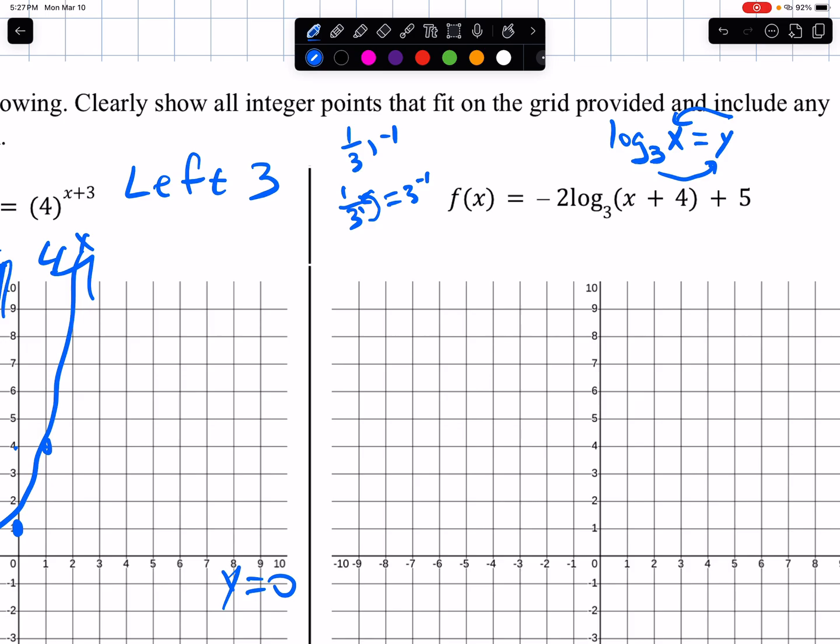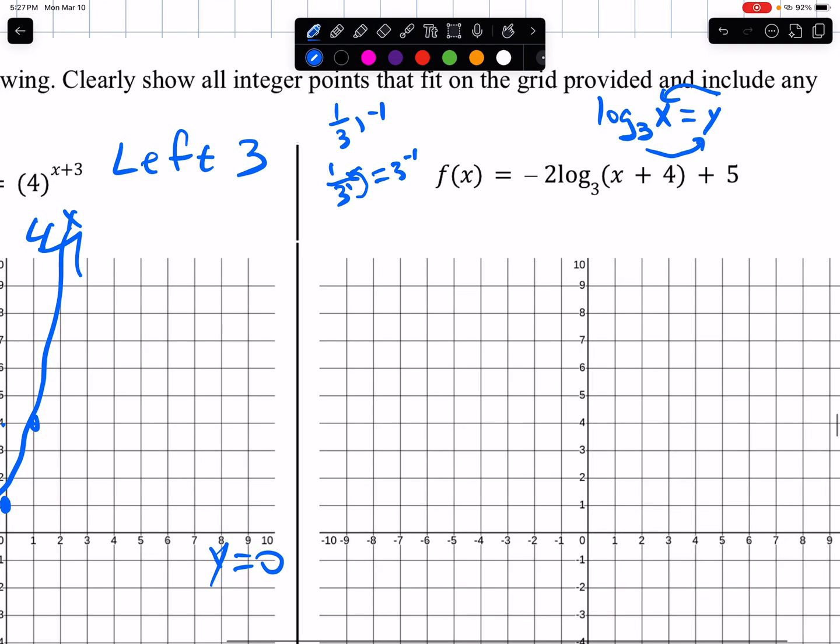So x equals 1/3. This one's another one where I'd almost say just do what you can. If we plug in 0 for x, 3 to what power is 0?